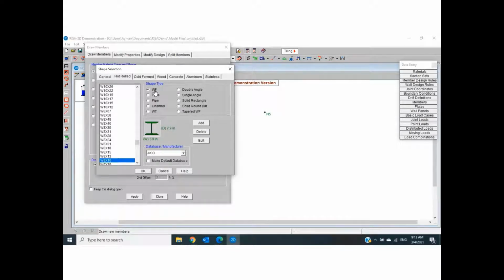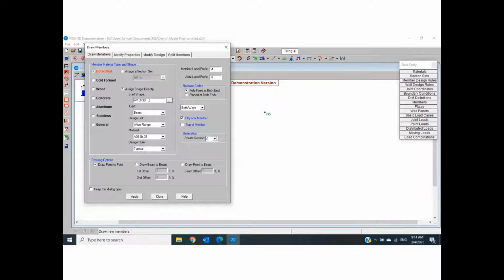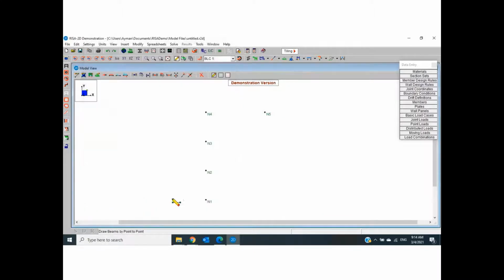Meaning of all of these cross section, you will learn them next year. Don't worry, in steel design course. So we are looking for 10 times 30. Here you go. W 10 times 30. Okay. W 10 times 30. Apply. Go ahead and start to draw your members.